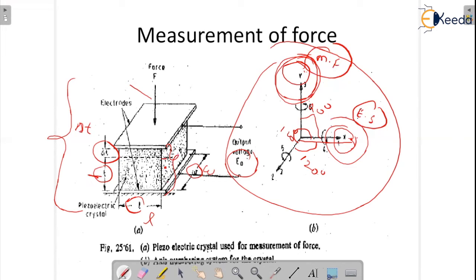The third one is the dimensions of the plate: what are the dimensions of the plate present for any particular crystal? And the fourth one is the means of mounting, meaning how you are placing the crystal. Based upon these particular parameters only, the crystal will vary its properties, my dear students. And I already explained the modes.